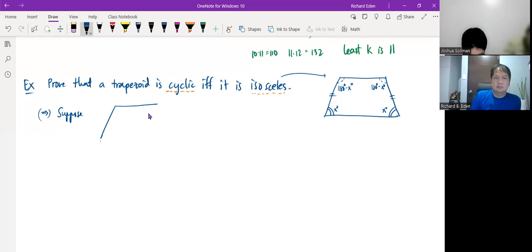Suppose the trapezoid is actually not isosceles. Maybe baka naman kaya ng direct. But suppose, are you sure that's a circle? No, but let's pretend it's a circle. Just pretend na lang po. Yeah, just pretend. Suppose A, B, C, D.